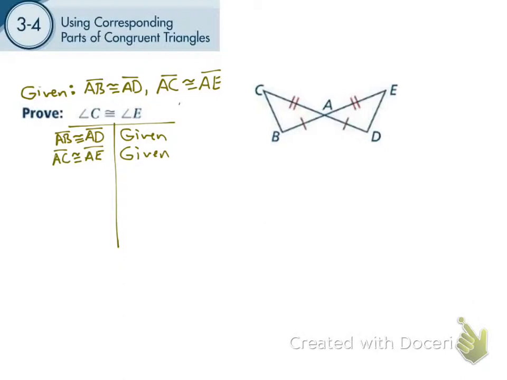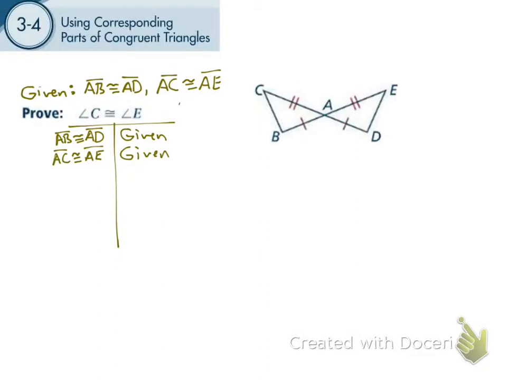What else do we have in that picture? Let's go through our list. Is there anything parallel there? Nothing parallel. Do I have reflexive property? No. Anything about a midpoint?